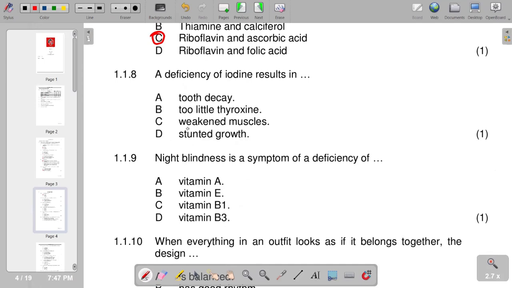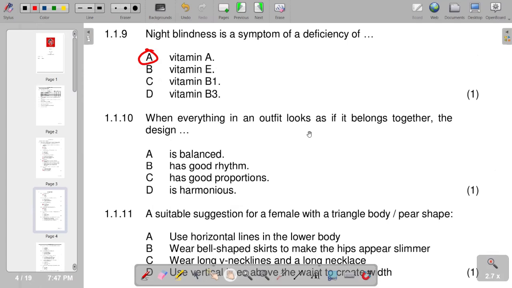We have got B, too little thyroxine. Number 9, night blindness is a symptom of a deficiency of vitamin A. Or number 10, when everything in an outfit looks as if it belongs together, the design is. So we see that the design is harmonious. So we have D.